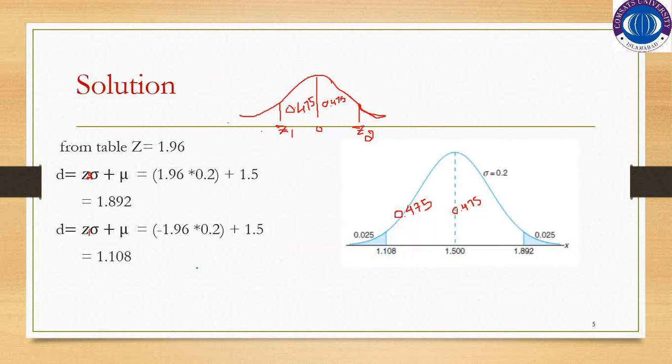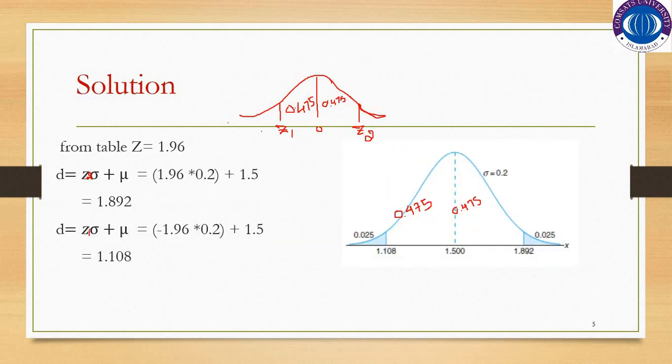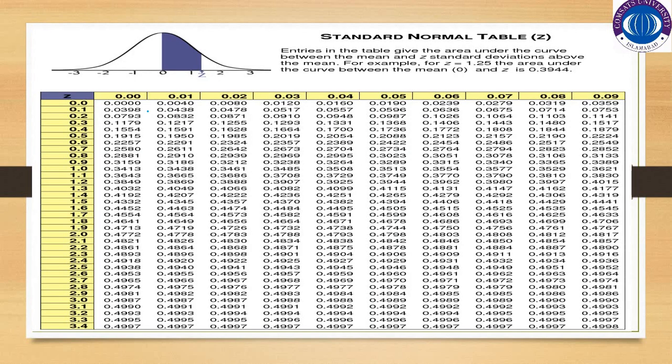Now, this is the scenario: this is the mean 1.50, and this is the area 0.95. We are using the standard normal table to find the specific value, and that particular table gives us the area between the mean and some specific value.